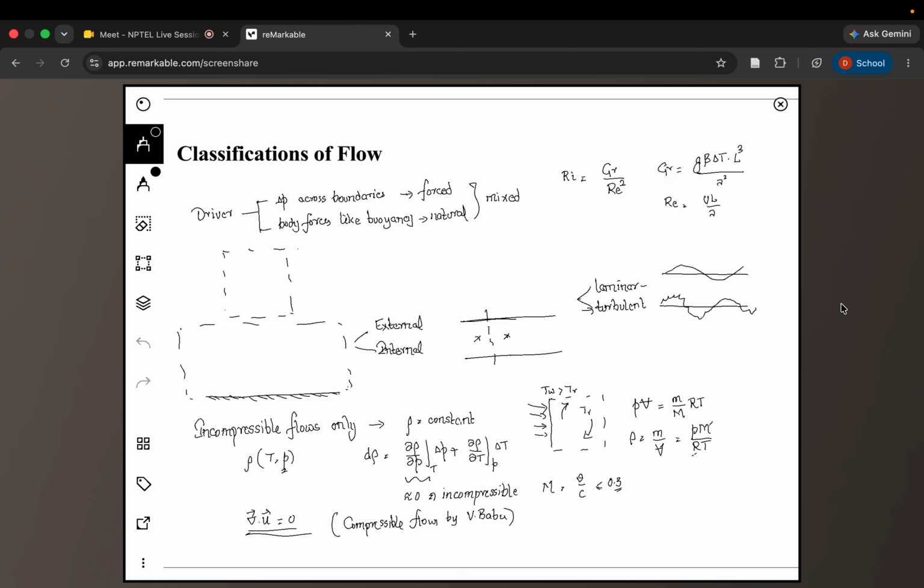Around 60 to 70% will be questions directly from those assignments, with some changes in a few other questions. You will get MCQs, and the pattern will be very similar to your weekly assignments. That is as far as the exams are concerned.